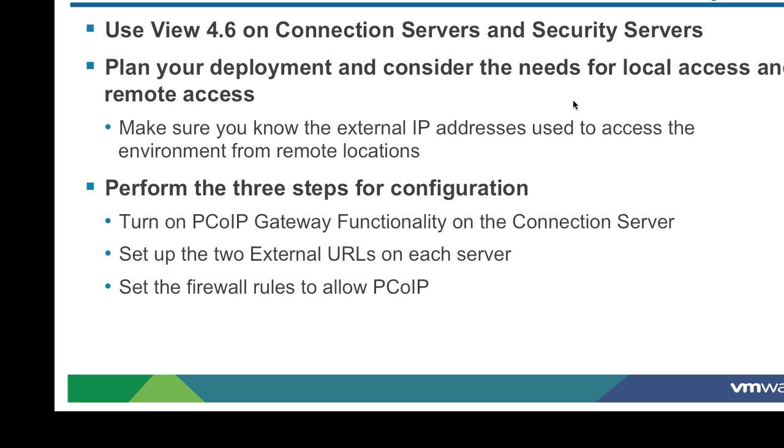Understand the difference between the external IP addresses used to access the environment and also the internal IP addresses. And finally, perform the three configuration steps that I've been through. Turn on PC over IP gateway functionality on the connection server, set up the two external URLs on each server, and set the firewall rules to allow PC over IP.